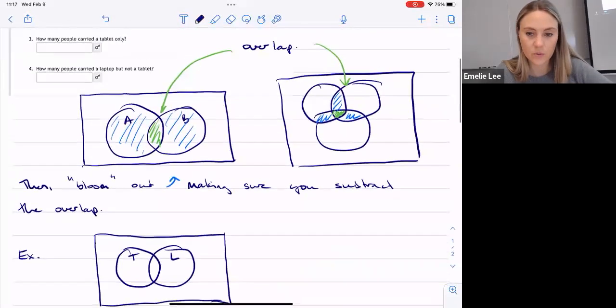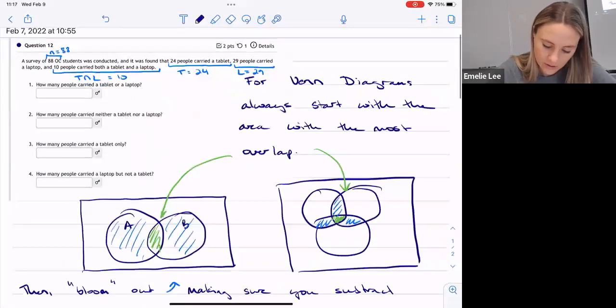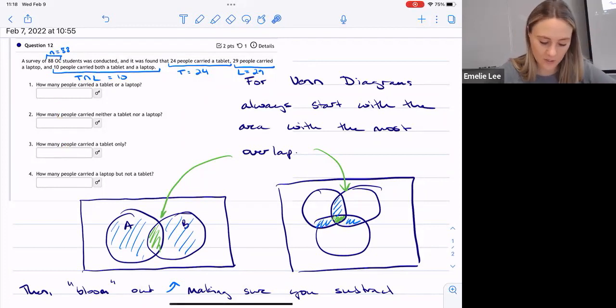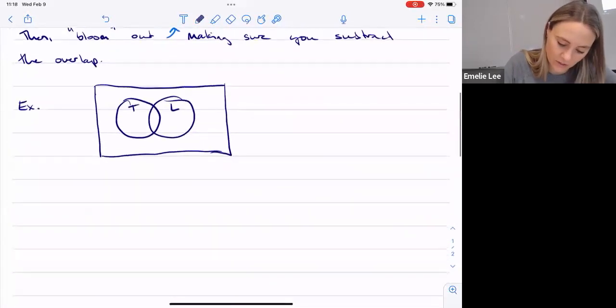And what we're going to do, we're going to start here with the most overlap, in this case is 10. Now, because the question is asking how many people, we don't have to convert that to percentages or probabilities, although we could, right? 10 out of 88, but it's asking for the count. So then we just need the count.